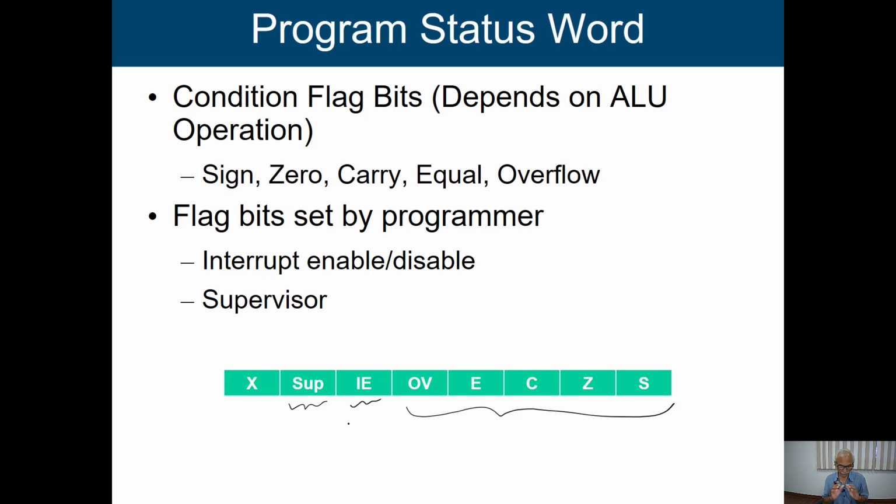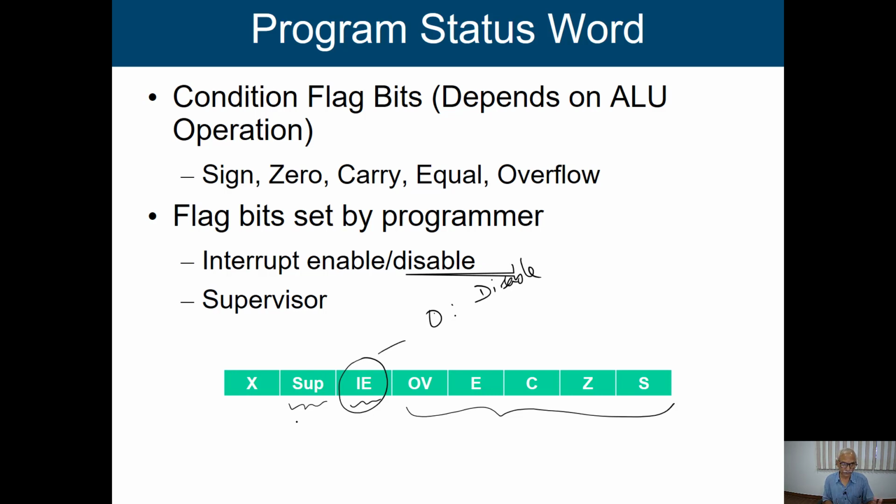Now when you are writing a program, say if you feel that while you are executing your program, it should not be disturbed by any other program, that means you are not going to allow interrupt. So in this particular case, we can indicate it over here. So you say that we are going to disable the interrupt. So in this particular flag, you can say that if this is equal to 0, then it is disabled, and when it is 1, then it is enabled. So now the programmer can set it.